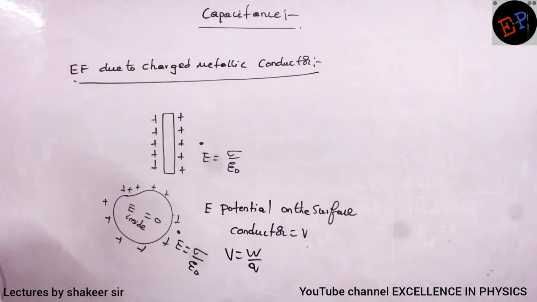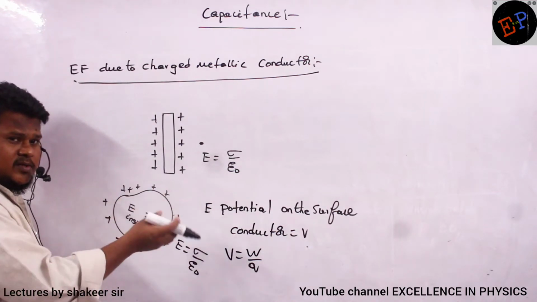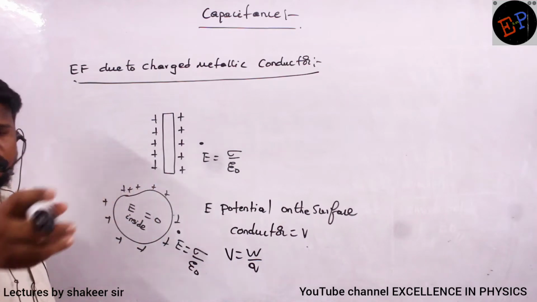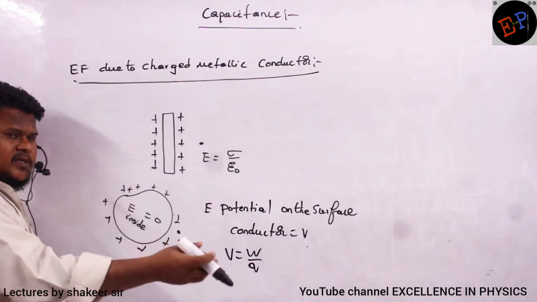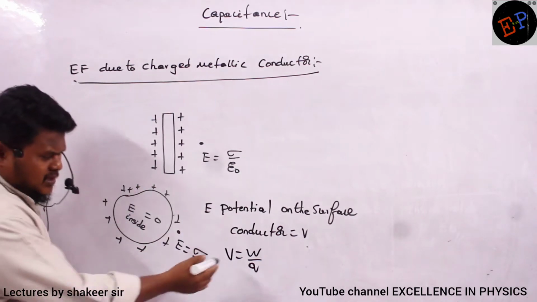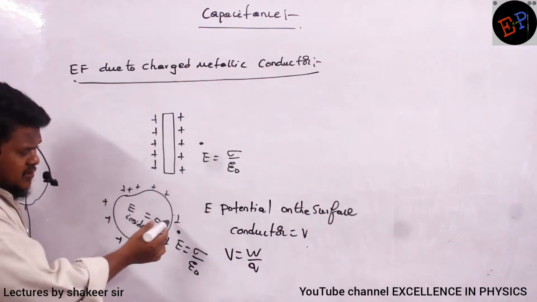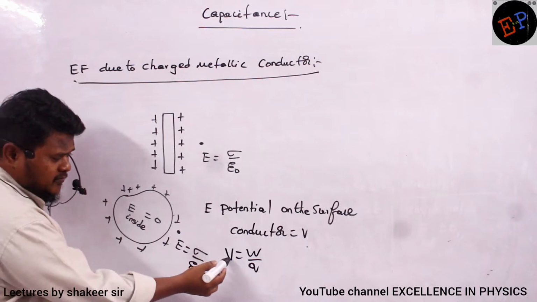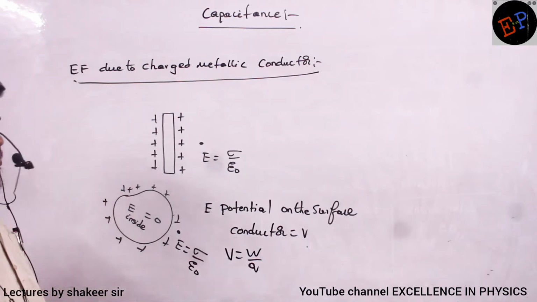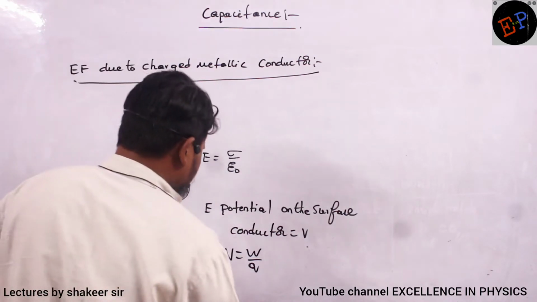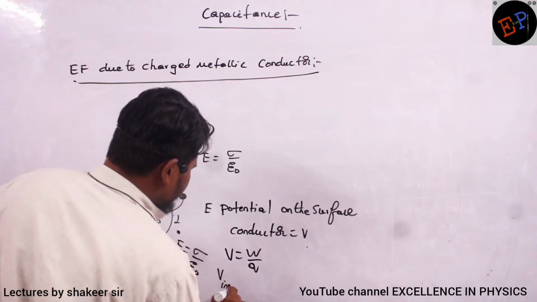See, if I start depositing charges on this conductor, then the potential of the conductor continuously increases. So on the surface of the conductor, if potential V is equal to W by Q, then can you say what will be the potential inside of this conductor?